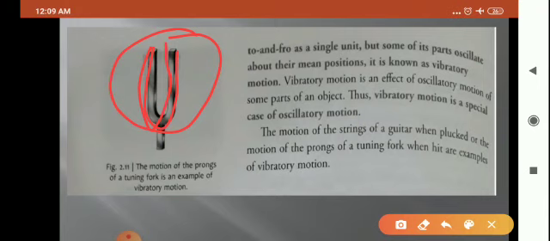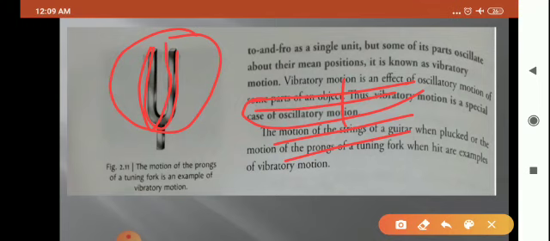Like this, when you stretch the strings of the guitar and pluck them, not all of the string moves. Only some part of the string starts vibrating, and that is known as vibratory motion.